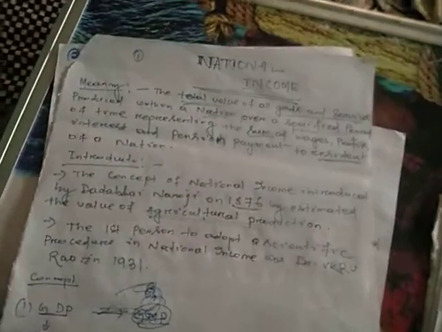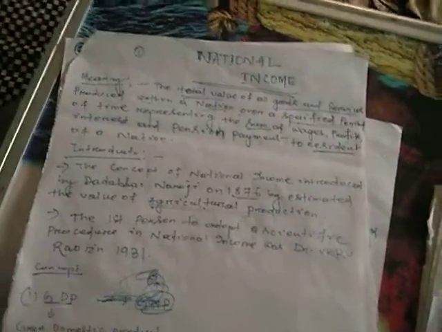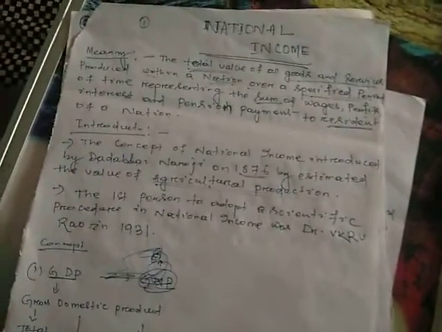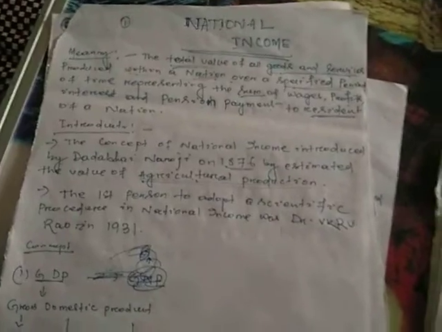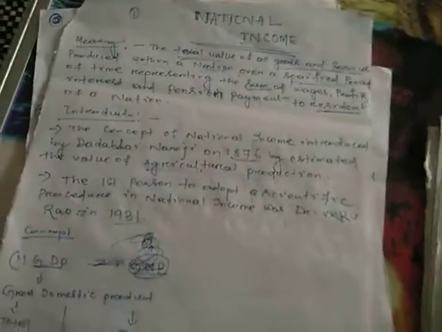That is the reason initially it depended upon agricultural production. But it was a traditional method of calculating national income. After that, the first person to adopt a scientific procedure to find out the national income was Dr. V.K.R.V. Rao in 1931. Right?